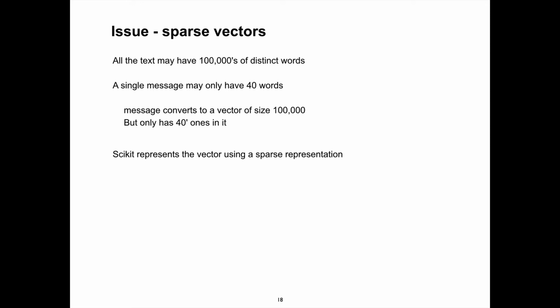It'll probably be more space efficient to just list the locations in that vector where it has ones. And when we do this in Scikit, it automatically uses a sparse representation for us. Even when you look at it, it looks like it's a full matrix. No, they're being space efficient for us. But this is something to be aware of when you're dealing with large data sets. Can we represent it in a smaller space?